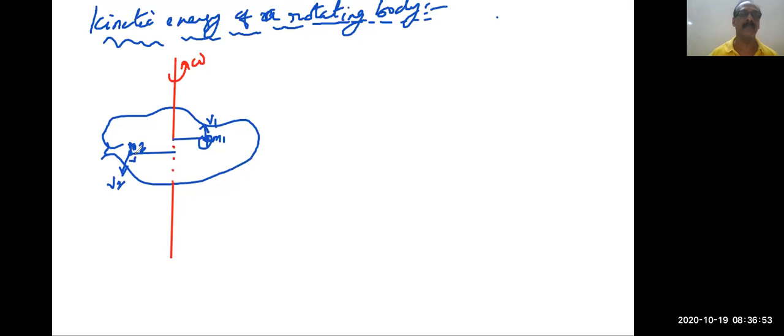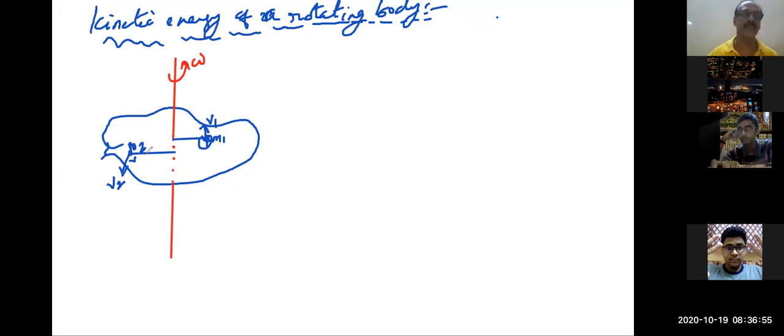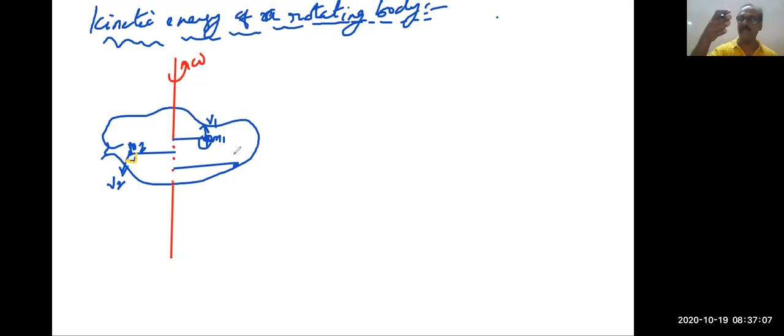This is 90 degrees. Agreed? Now another particle M3 may be going inside. All these side particles are going inward according to the diagram. This is now M3, and the velocity is inward. That is V3. Now here there may be another particle.